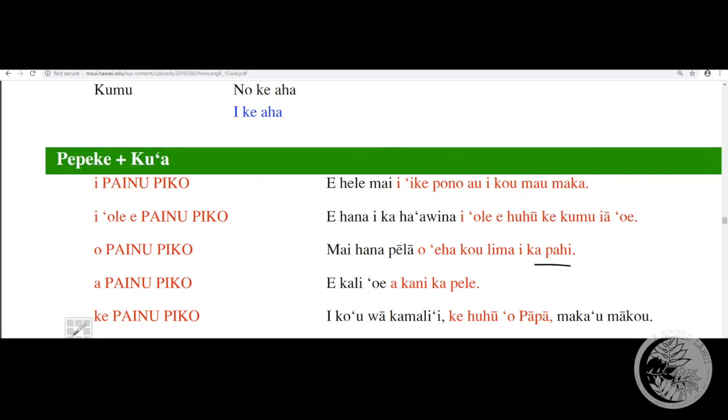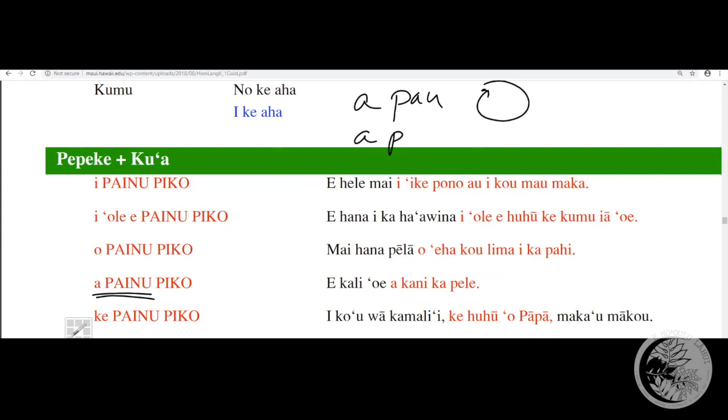The third and really common ku'a is the a. And this is found in many, many uses. Commonly, words like a pao, until all, until total, until completed.